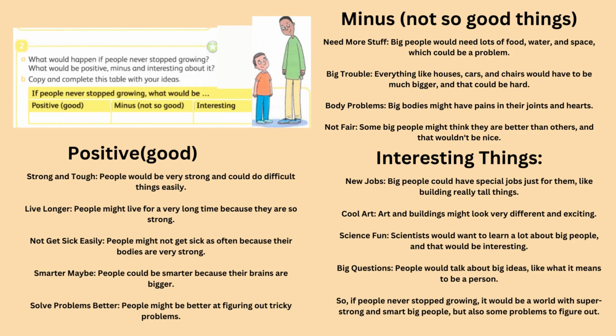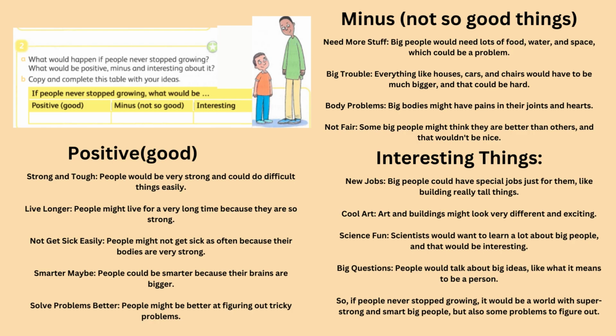Now, interesting things. Look at interesting things. New jobs. Big people could have special jobs just for them, like building really tall things. Cool art and building might look very different and exciting. Science fun. Scientists would want to learn a lot about big people, and that would be interesting.